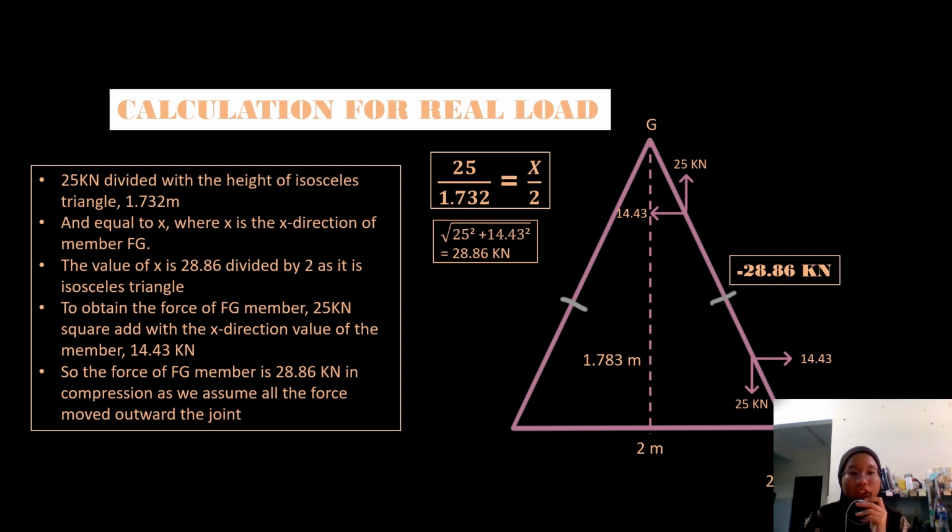In member FG, the value of x is 28.86 divided by 2, as it is an isosceles triangle. To obtain the force of member FG, 25 kN squared added with the x direction value of the member, which is 14.43 squared. The square root of the total of this answer gives the force of member FG, which is 28.86 kN in compression, as we assume all the forces move outward from the joint.